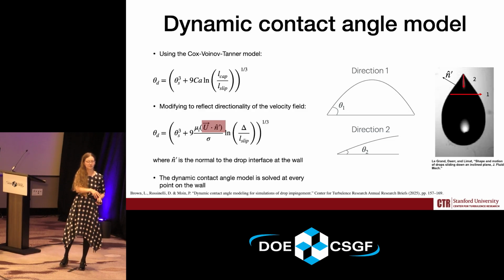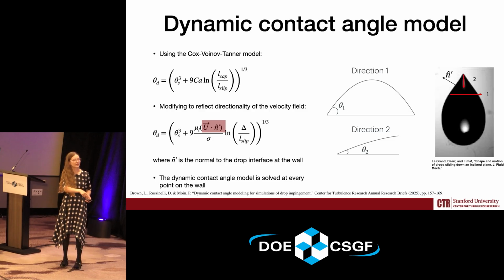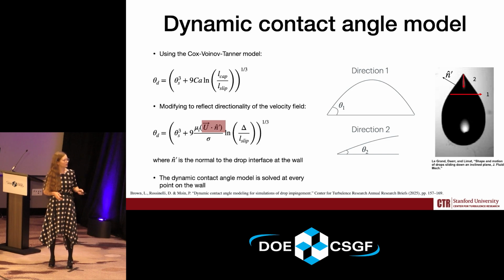You can see a schematic on the right-hand side showcasing this. Since the motion of the drop is downwards, we expect the contact angle in direction 2 to be less than the contact angle in direction 1. And we also replace the capillary length scale, which is the macroscopic length scale in this model, with the grid length scale delta.